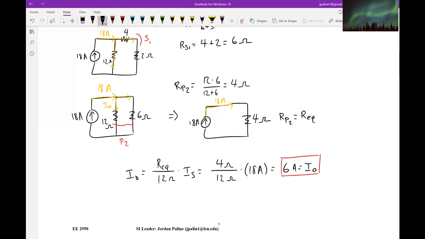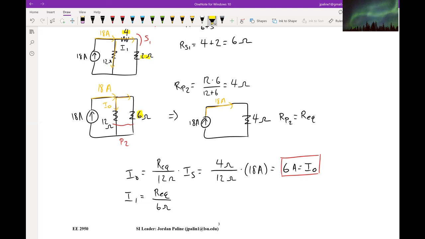Okay, and just as a quick check for the other branch, if we were to call this one, we'll say I1. So I1 is R equivalent over 6, because it's the total resistance of that branch.